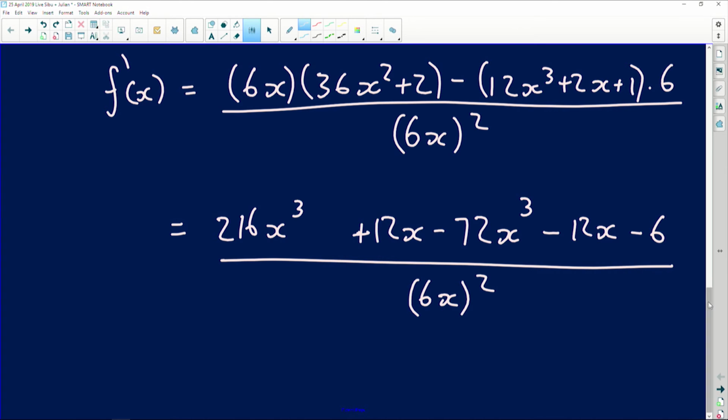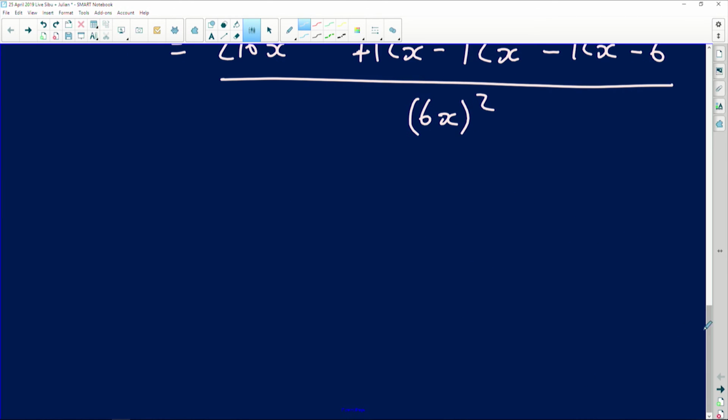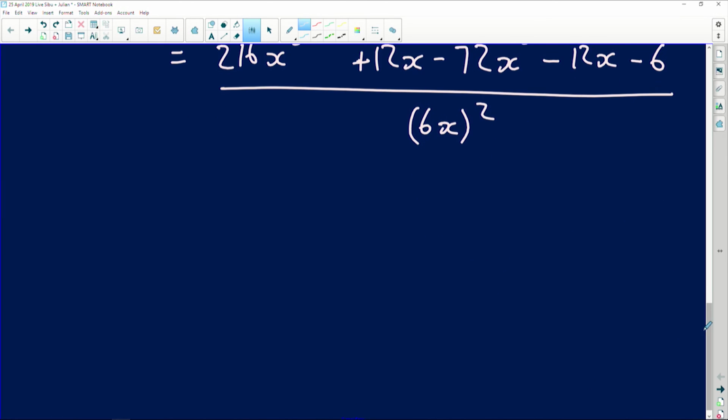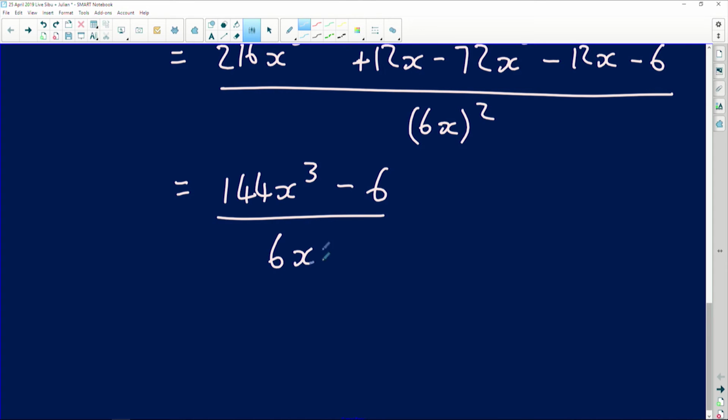Okay. So if we do a couple more simplifications over here, we end up with 144x cubed minus 6 divided by 6x all squared. Okay guys, so that's what we end up with. When we simplify all of this, we end up with this whole bit over here, and we can then simplify this bit to try and get to what we have in the very beginning.